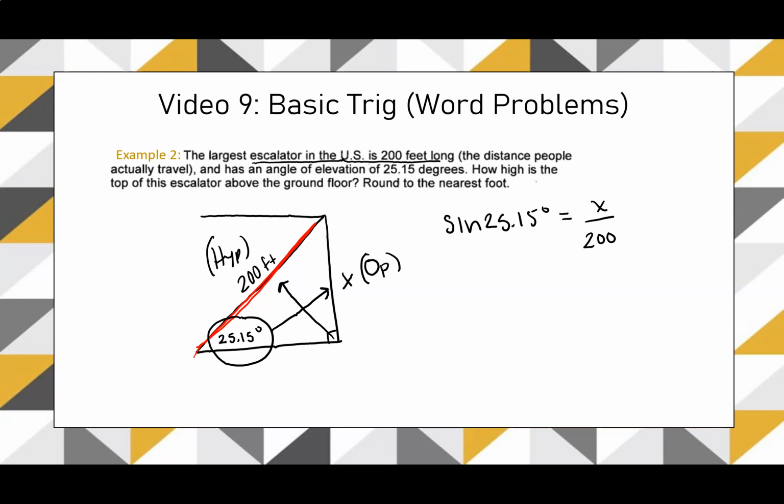Okay, then I need to multiply by 200 on both sides. Here the 200s cancel, and I'm left with x equals 200 sine of 25.15. All right, and I'm going to do that real quickly.